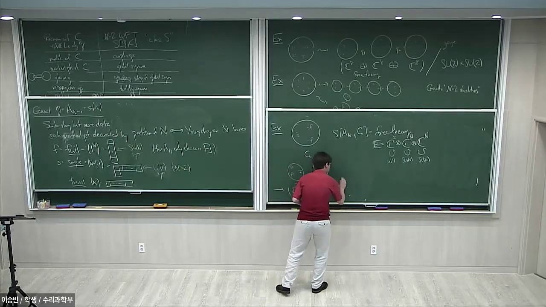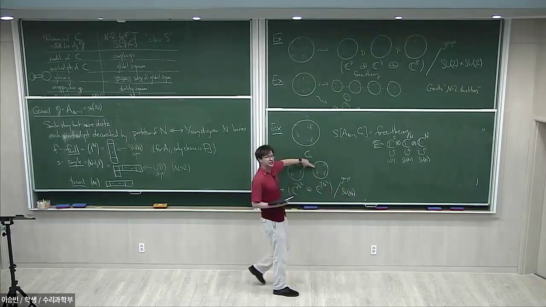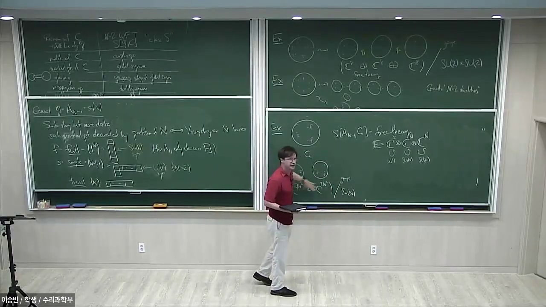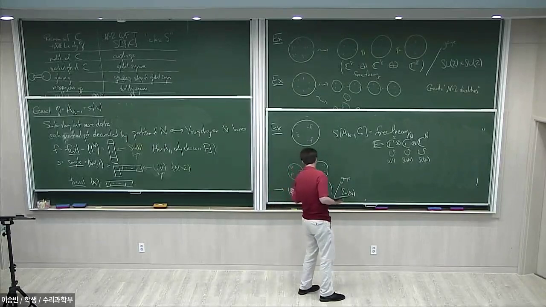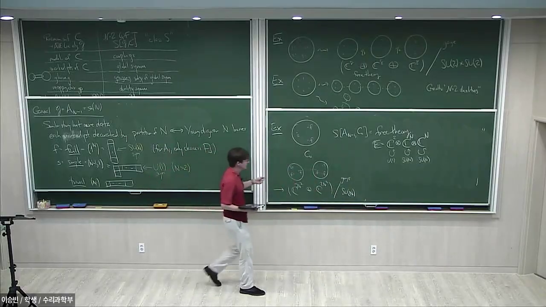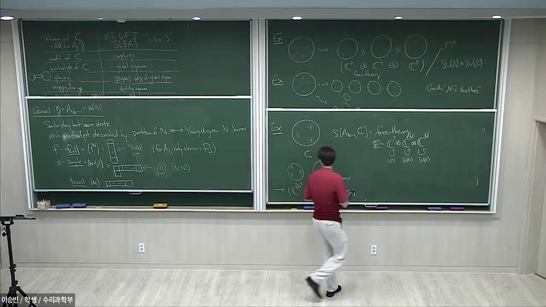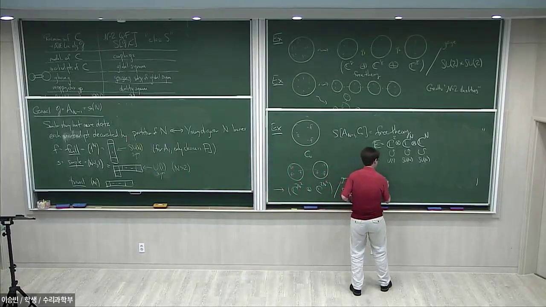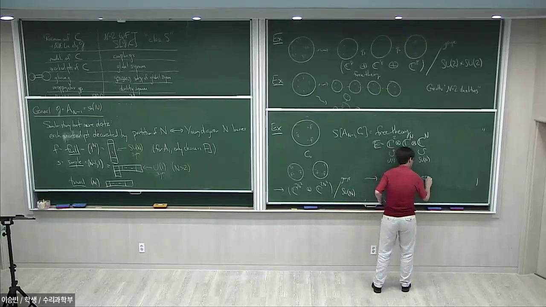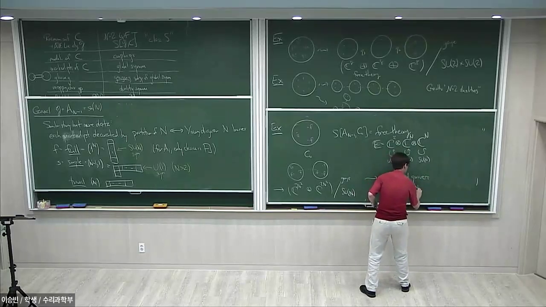That's a free theory. Now I gauge. Now I'm gauging SU(N), so I'm getting an SU(N) gauge theory. Similarly, by gluing together more of these things, we could get, again, Lagrangian field theories where I take some free theories and gauge some product of SU(N)s. That's not the most interesting thing you can do, but that's one thing you can do. So here again, we get generalized quivers of SU(N)s.